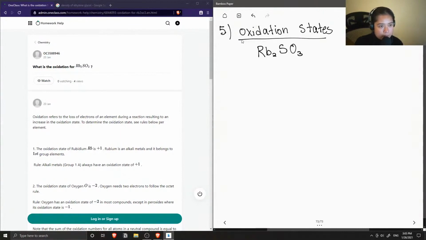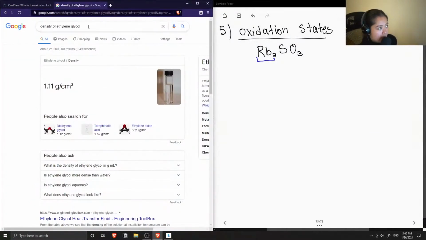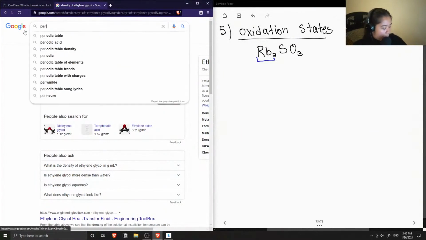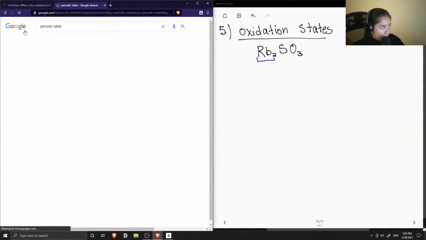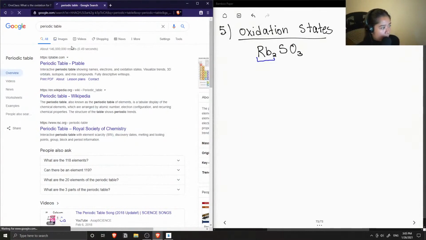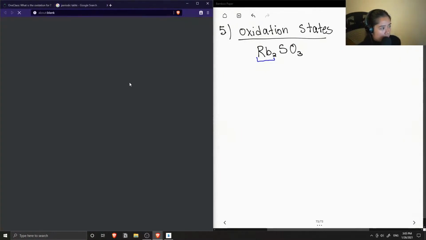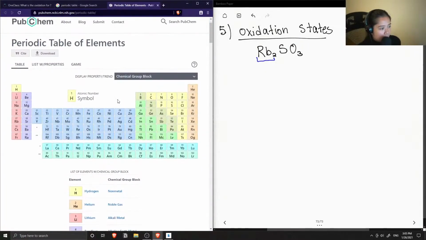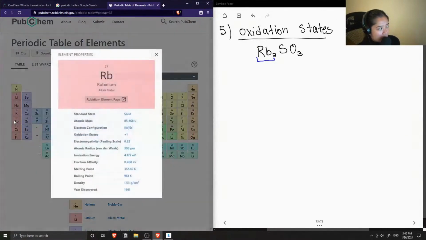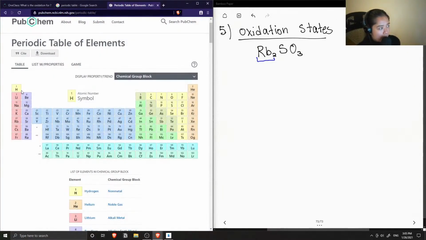So first, let's look at rubidium. So if we go to the periodic table, we can find rubidium in group 1A.